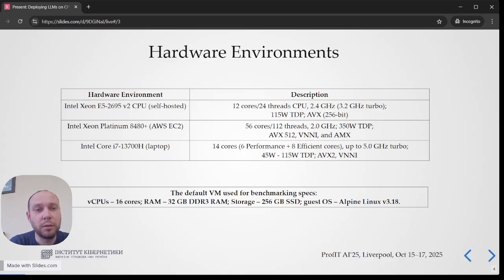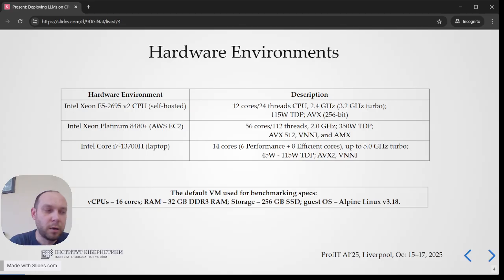Second, an Intel Xeon modern CPU hosted on Amazon Web Services EC2 service. And the third one, a modern laptop, Intel Core i7 CPU.